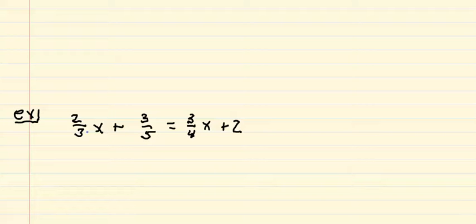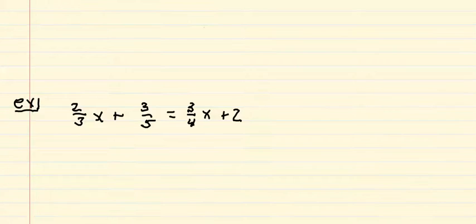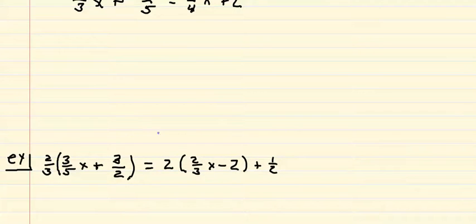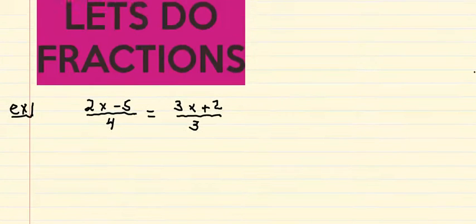Sometimes we have distribution, other times not. And the last example will be with distribution, which adds basically one more step to the process. So we're going to look at these three examples and see what we can do.